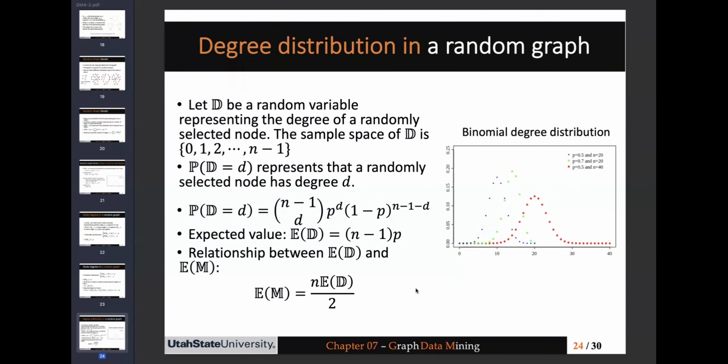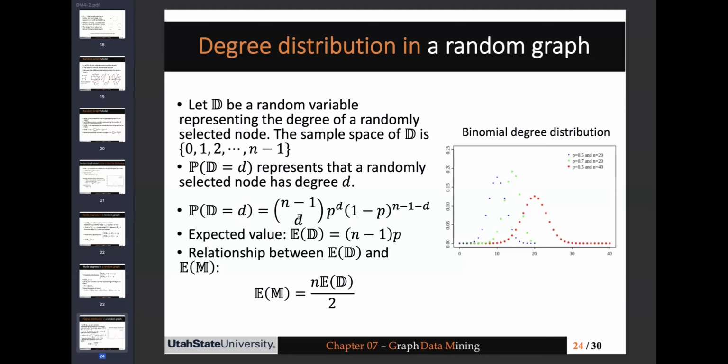All right, so what we're showing in the slide is d as a random variable, representing the degree of any selected node having a particular value of d. So the probability of d having a value of small d is n minus 1 choose d, right?